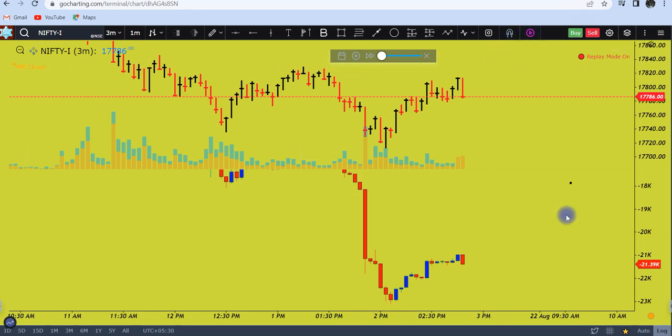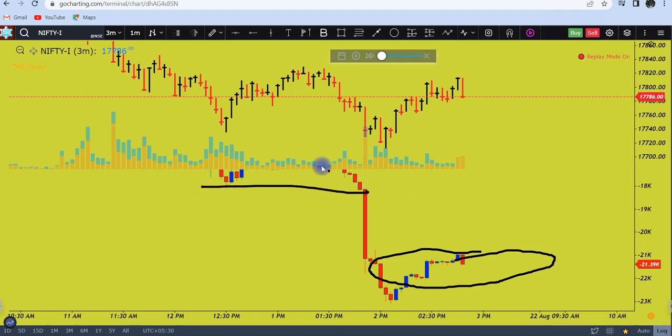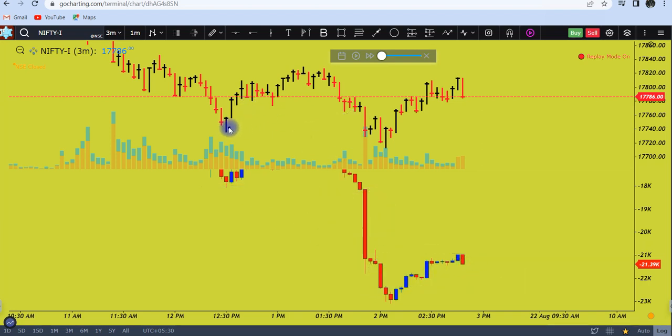See the consolidation happening after stopping of selling pressure at this point, even though the delta really dropped here, but the price didn't. And look at the consolidation again. This is the second time in a span of almost 1.5 hours that this is happening.